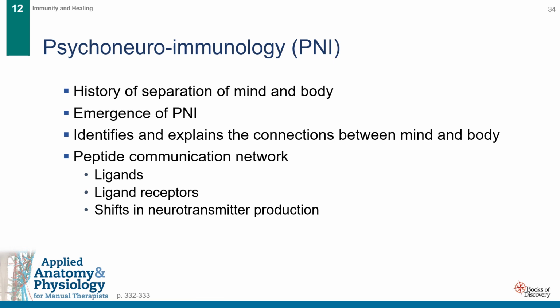So, in addition to neuroimmune links, fascial research has demonstrated neuroendocrine changes that are initiated through stimulation of mechanoreceptors in the abdomen. These changes include shifts in production of the neurotransmitter serotonin and histamines, which are key elements in the inflammatory response.